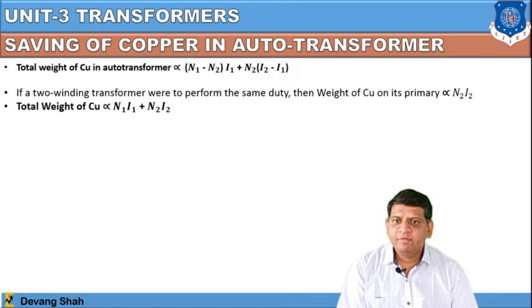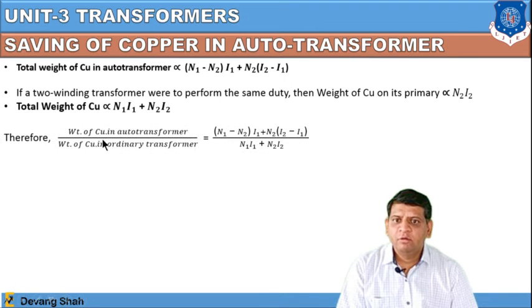In the same way, if I take the ratio of the weight of copper in an auto transformer to the weight of copper in an ordinary transformer, applying the above two equations, then N1 minus N2 into I1 plus N2 in bracket I2 minus I1, divided by N1 into I1 plus N2 into I2, right.